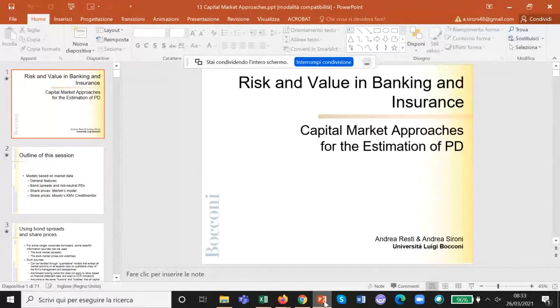Okay. Now, what we're going to do today is again focused on the estimation of a probability of default for a borrower, but it's based on a completely different idea, because basically what we're going to do is look at market data. How can we use market data?